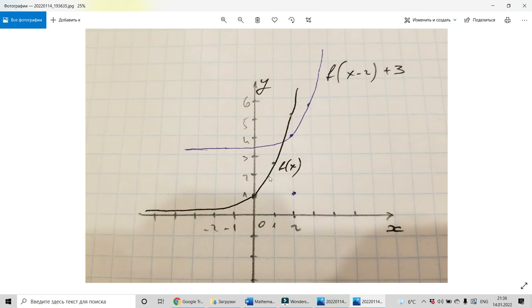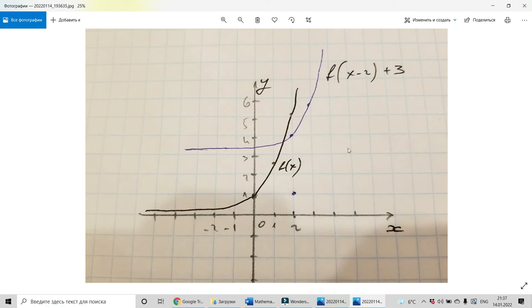Yes, this is our point, and y equals 3 will be our horizontal asymptote. I also found a few more points to make it easier to sketch, like 1, which was e, became 3, and e plus 3 is almost 5.71. So, we sketched it. So this is the asymptote.